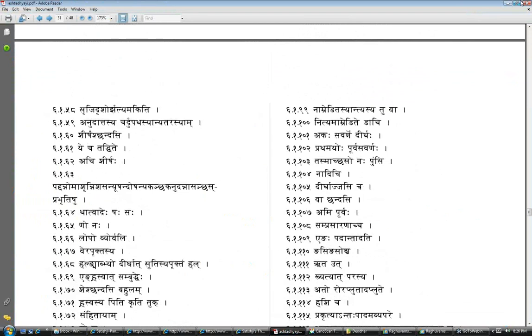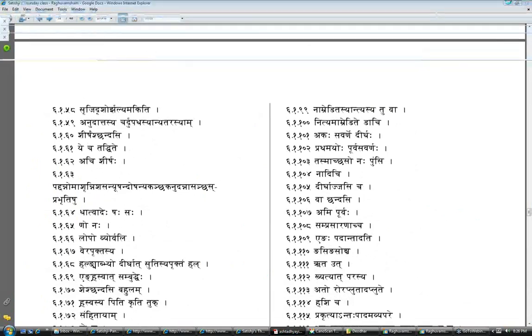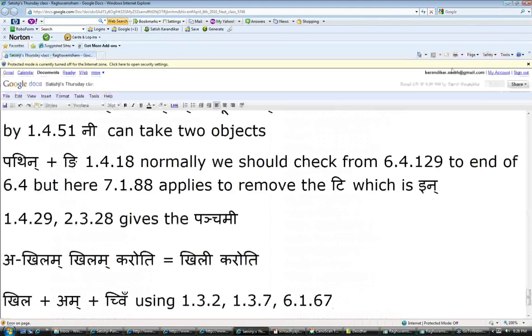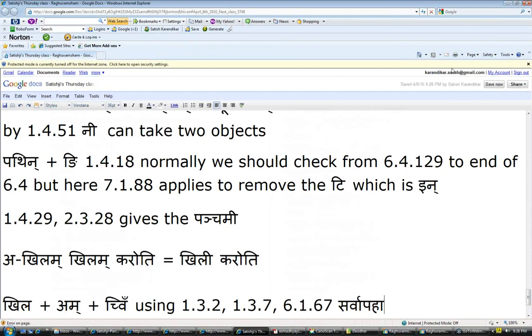So after all of that, we get what's called sarvapahara lopaha. Sarvapahara means the entire thing is gone. The full pratyaya is gone. It becomes a zero.